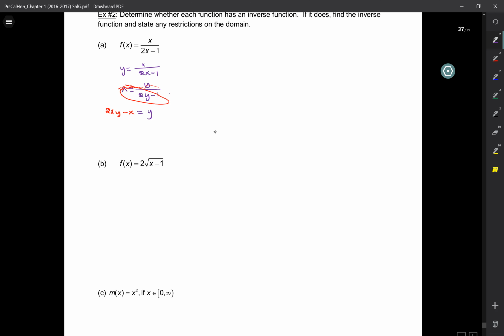Let's collect all the y's to one side. So it's 2xy minus y is equal to x. Factor out a y: y times 2x minus 1 is equal to x. So what is y then? x over 2x minus 1. So f inverse of x is x over 2x minus 1.